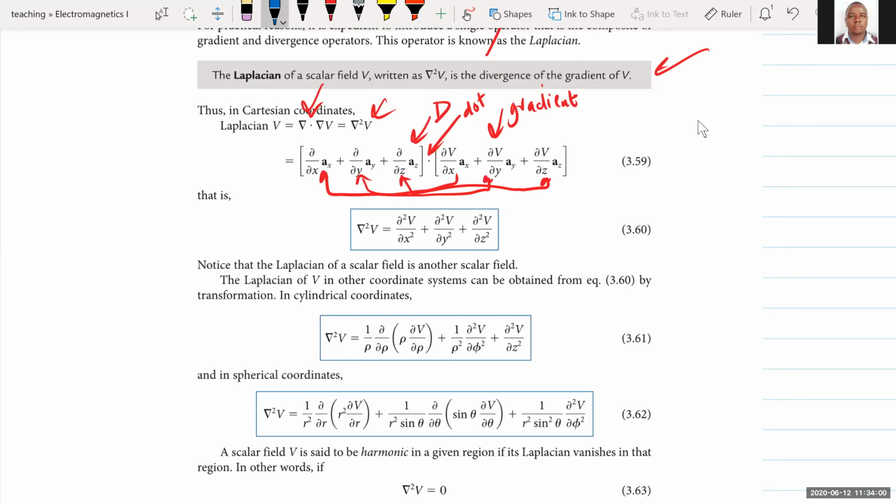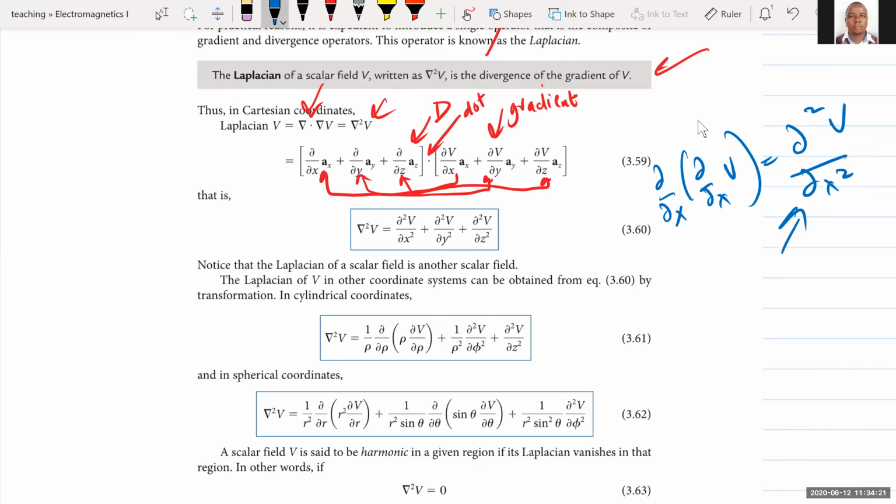And what does that give you? It gives you a double partial derivative, because we are saying d dx of d dx of V will simply become del squared V over dx squared. This is the second order partial derivative.